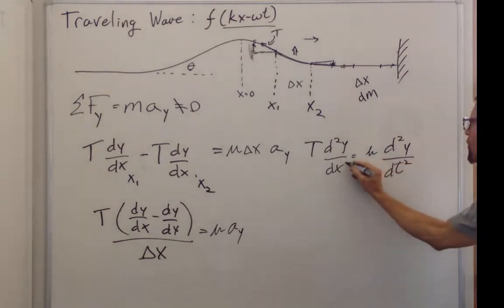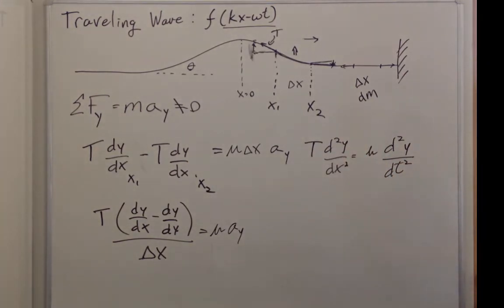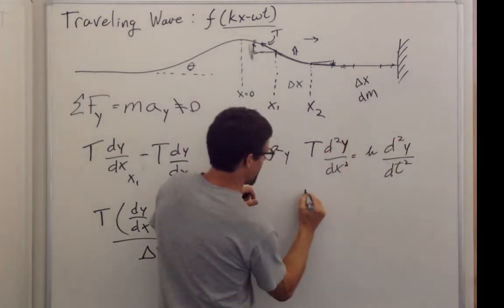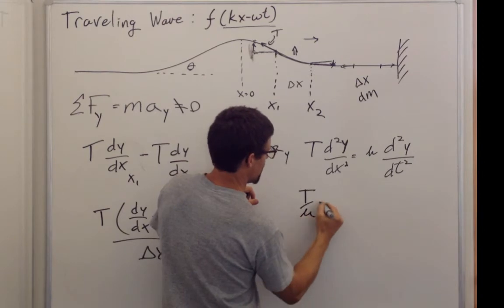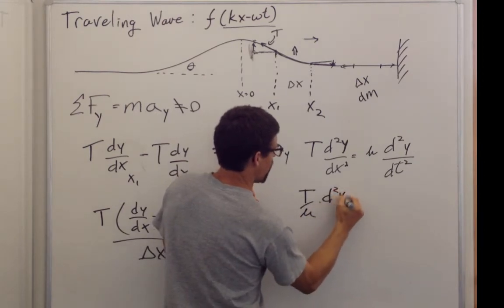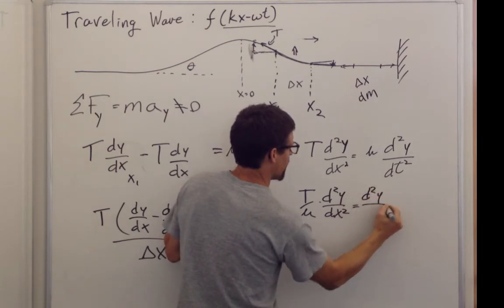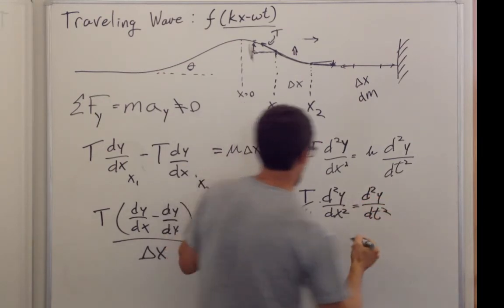This is a second time derivative. This is a second spatial derivative. And so I'm going to pull this over, and I'm going to write this as T over mu times d squared y/dx squared is equal to d squared y/dt squared.